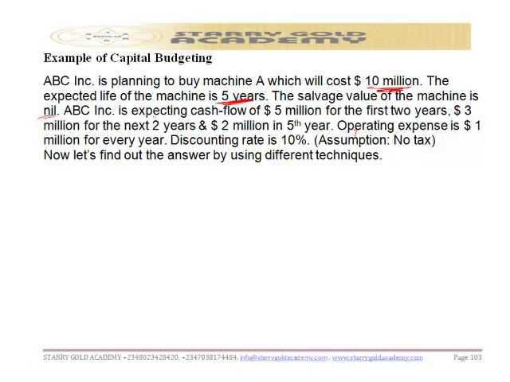ABC Incorporation is expected to have cash flow of $5 million for the first 2 years, 3 million for the next 2 years, and 2 million in the fifth year. Operating expenses are $1 million for every year. Discount rate is 10%. Assume there is no tax. And now let's find out the answer by using the different techniques we have.